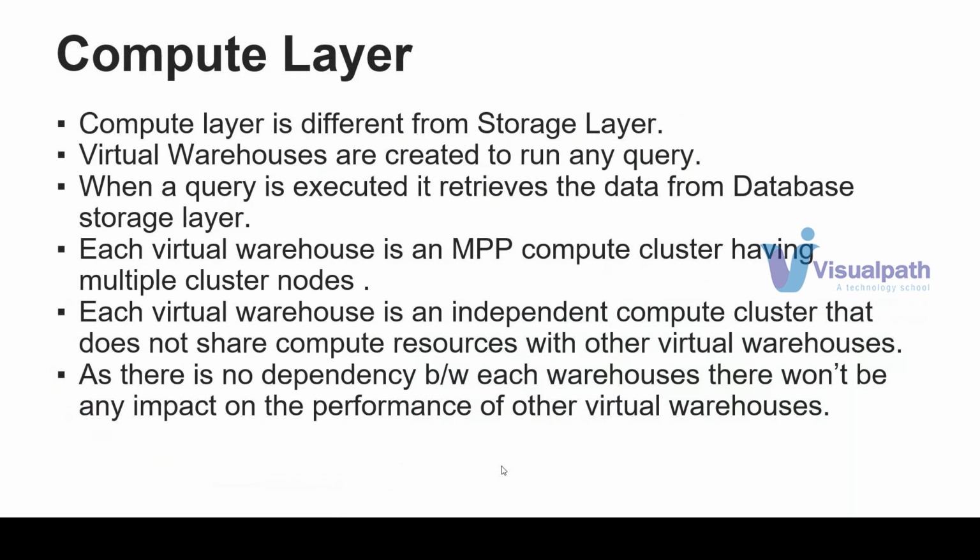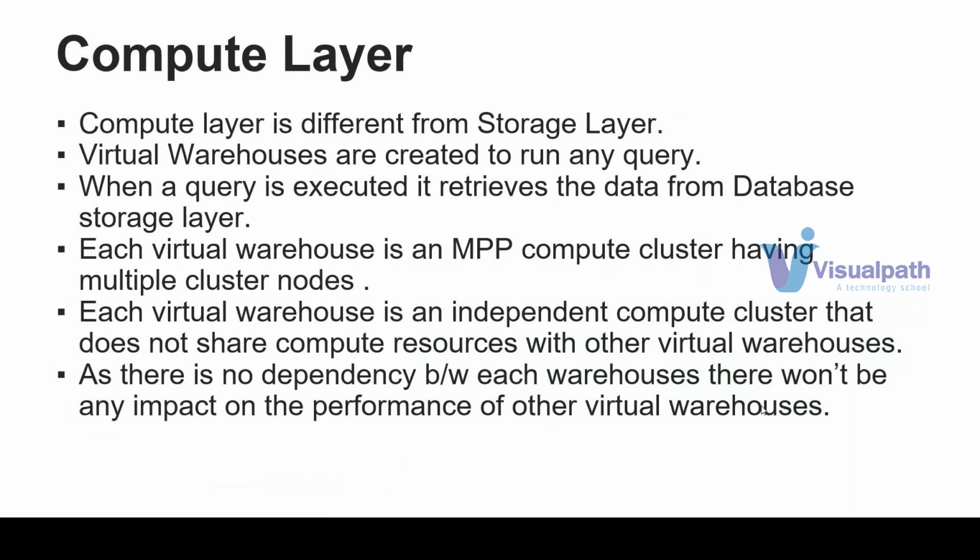So to fit the separate layers: the database storage layer is shared disk architecture, and the compute layer is shared nothing architecture. So we say Snowflake is a hybrid of both shared disk and shared nothing architecture. As there is no dependency between warehouses, there won't be any impact on the performance of other virtual warehouses.